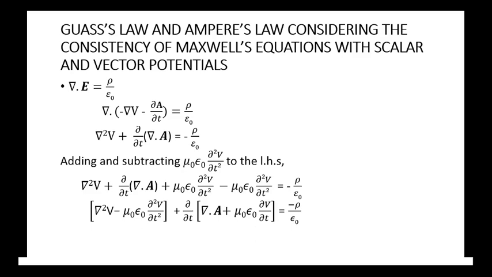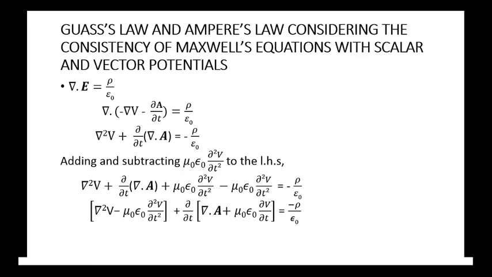Also we had the expression of Ampere's law. Now we are rewriting these equations in terms of scalar as well as vector potentials V and A. So that is the topic here: Gauss law and Ampere's law, considering the consistency of Maxwell's equations with scalar and vector potentials.